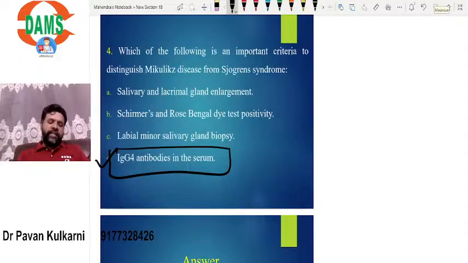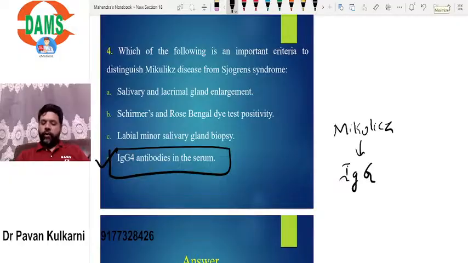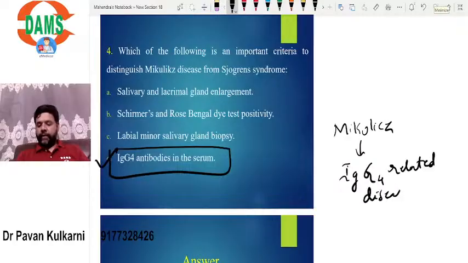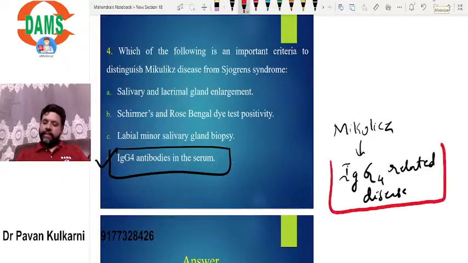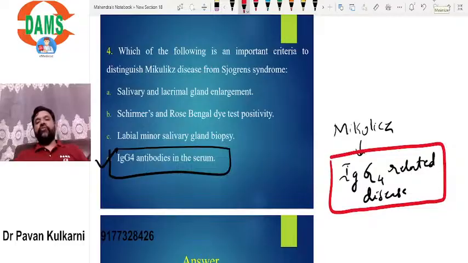Actually, Mikulicz disease is an example of IgG4 related disease. Mikulicz is an example of IgG4 related disease.